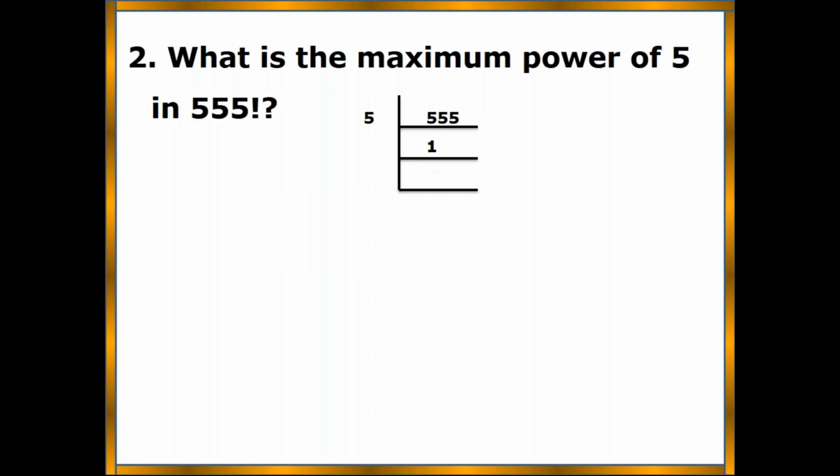So 5 111s are 555, 5 22s are 110, 5 4s are 20. Ignore the remainder. You can add all the quotients from bottom to the top. 4 plus 22, 26. 26 plus 111, 137.